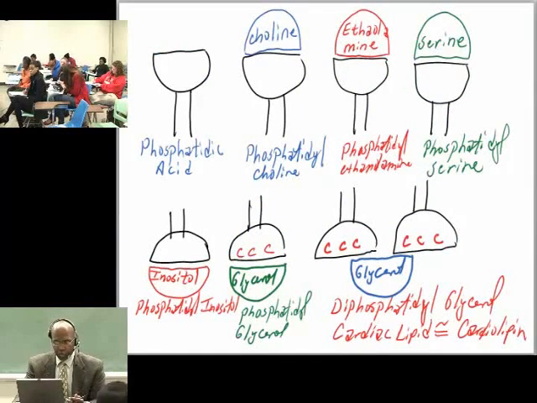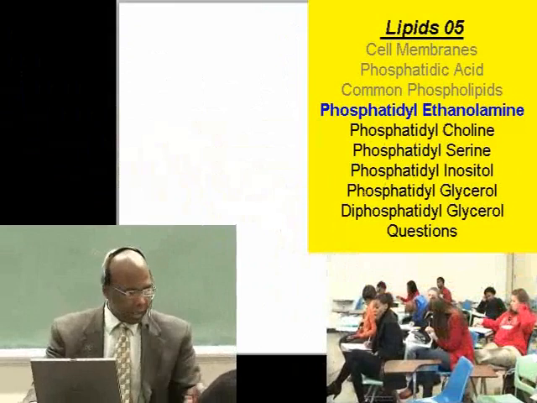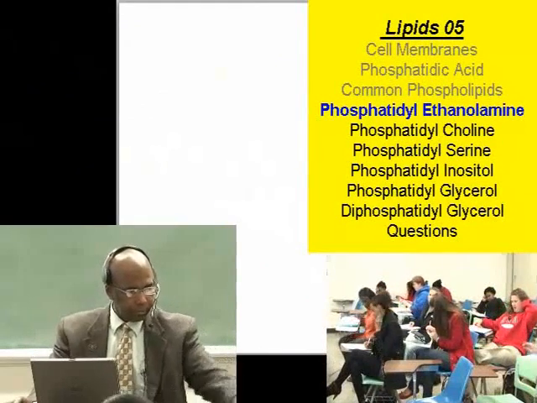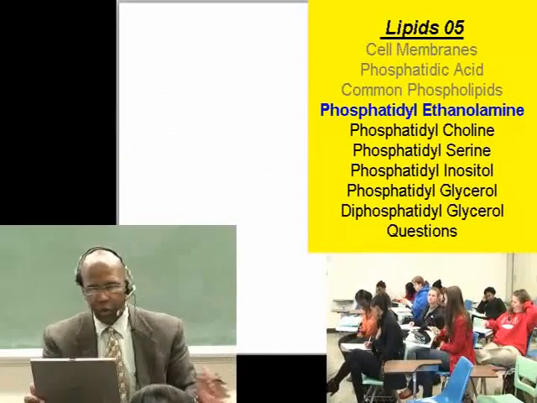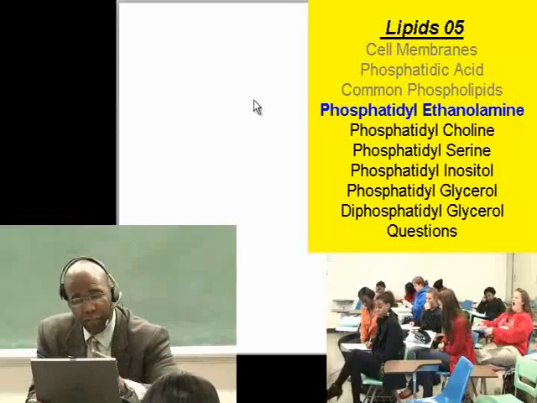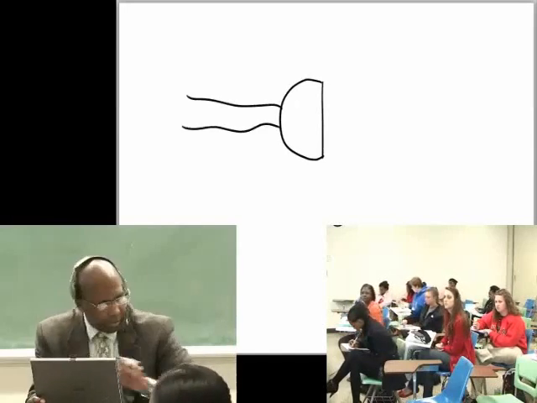And when I draw these structures here, this is what I want you to be able to do on the test. I'm not going to draw the phosphatidic acid part. So when you draw these on the test, you don't have to draw phosphatidic acid, because that'll be on another question. So now when we learn the phospholipids, I'm just going to draw this as phosphatidic acid.